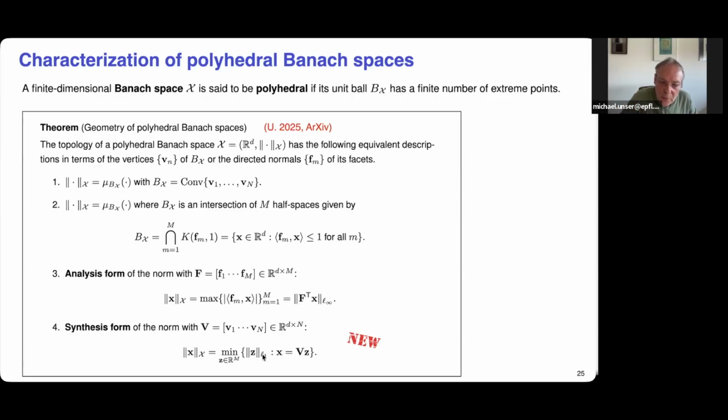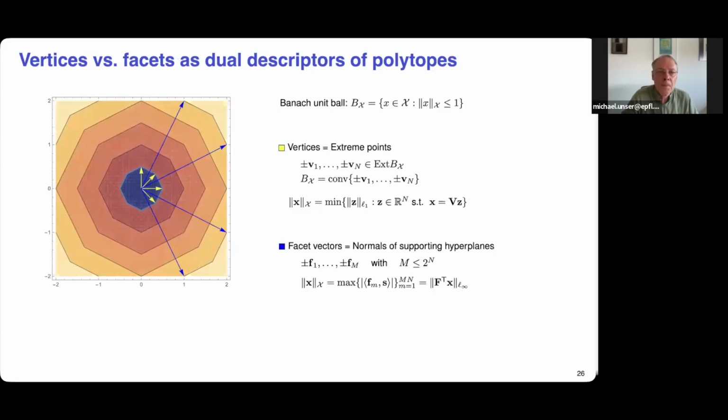The L1 norm of that code word gives us exactly the norm associated to that. This is kind of new, at least it was not formulated in this way. This makes a connection with compressed sensing, and the design of arbitrary norms.